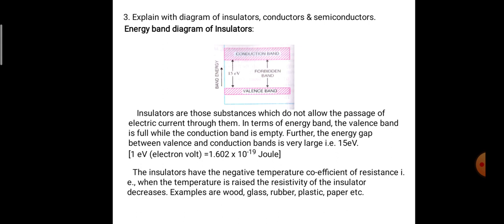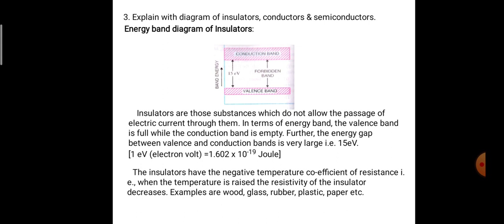Third question, explain with diagram insulators, conductors, and semiconductors. The figure shows the energy band diagram of insulators. Insulators are those substances which do not allow the passage of electric current through them. In terms of energy band, the valency band is full while the conduction band is empty.